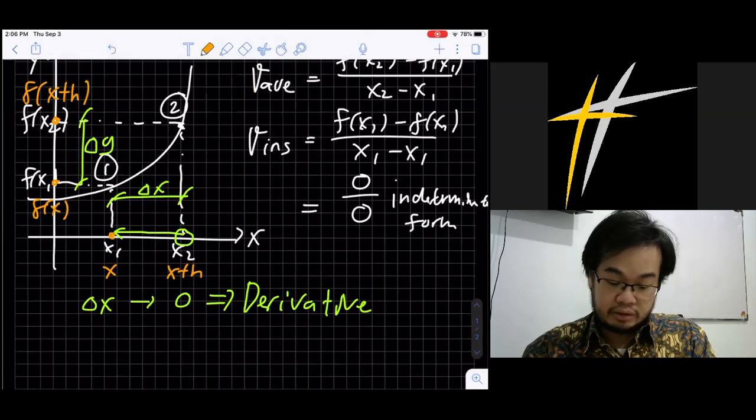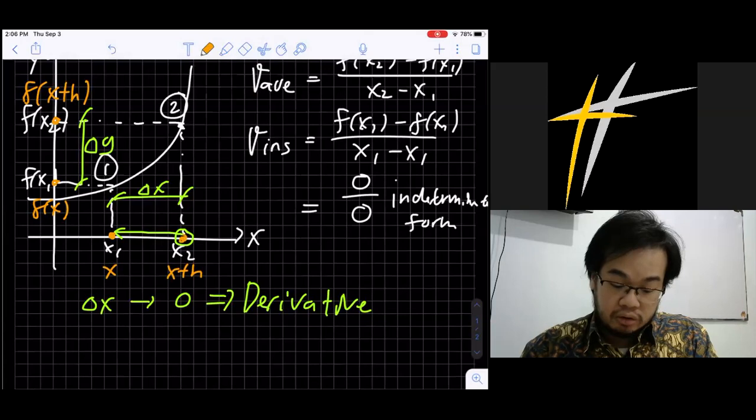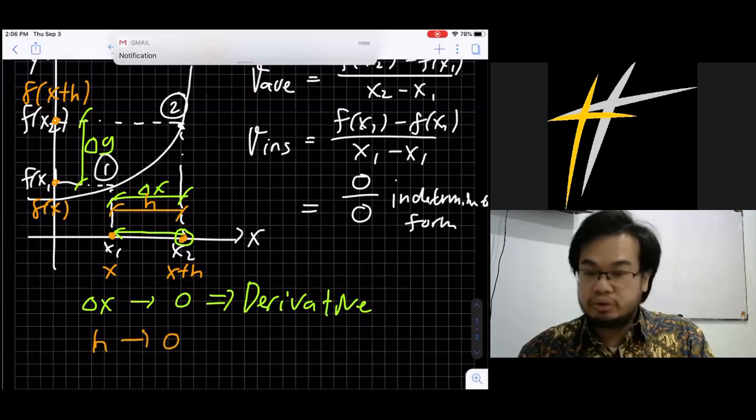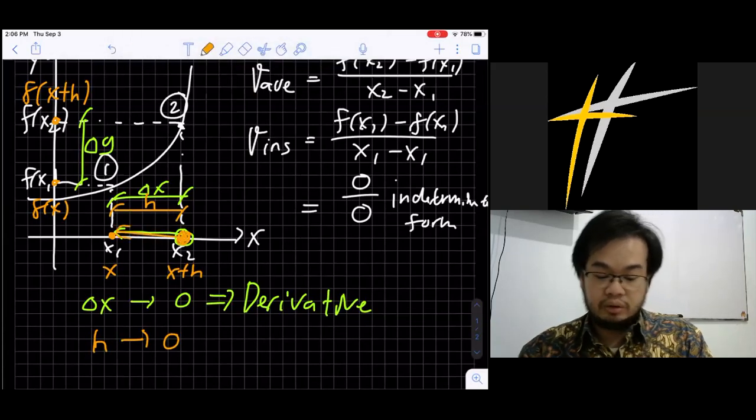So this is the h, and we are going to bring the h close to 0. It means that we are going to bring this point as close to the original position.